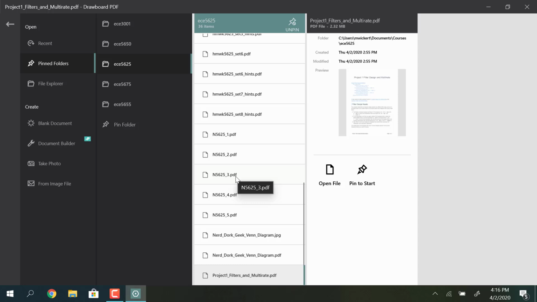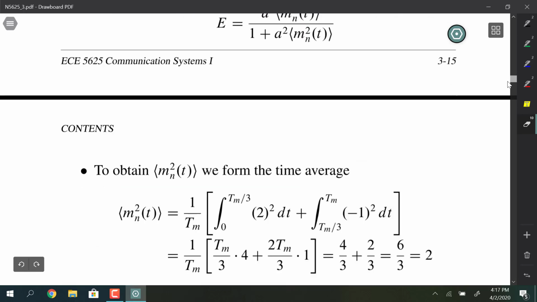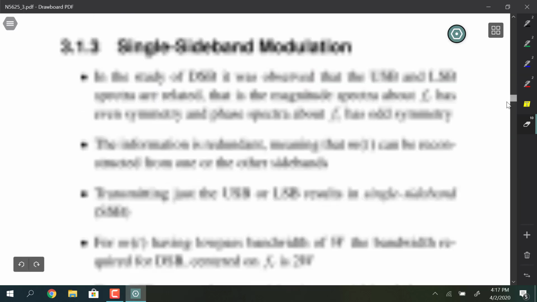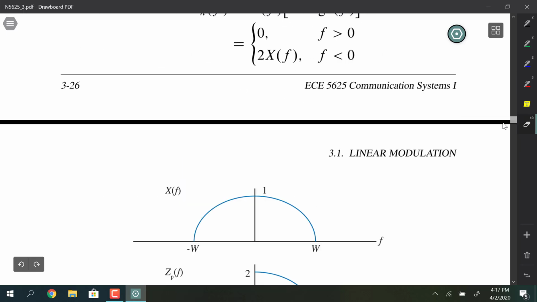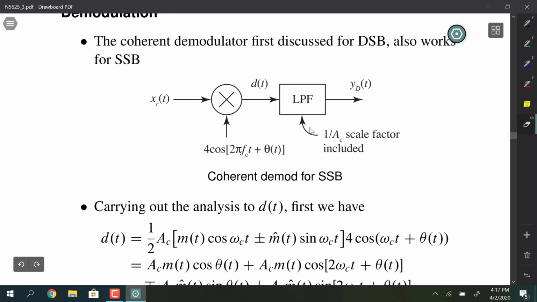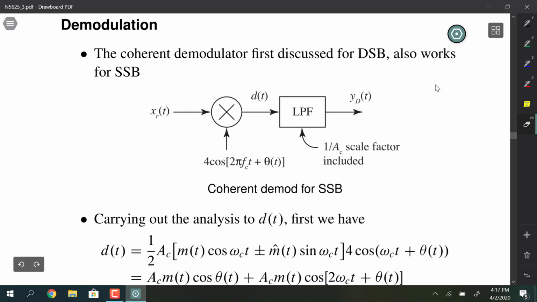So this would be chapter 3. Right there, there's the coherent demodulator for single sideband. So this is page 331.